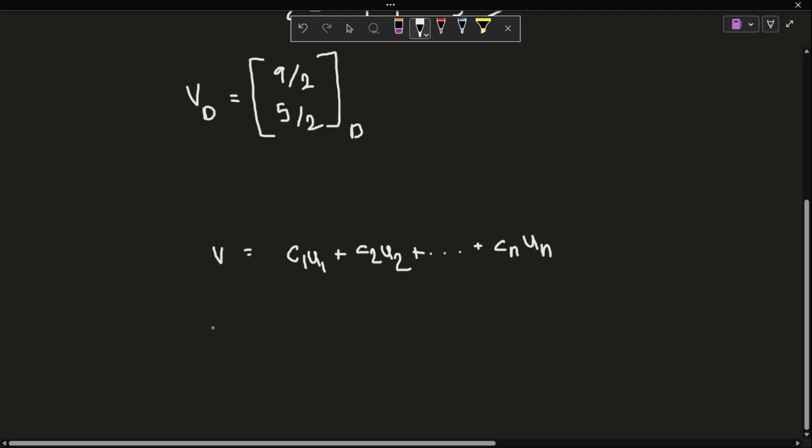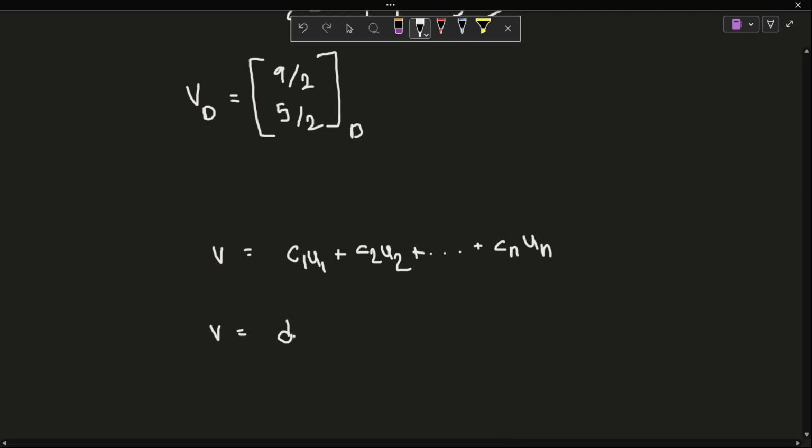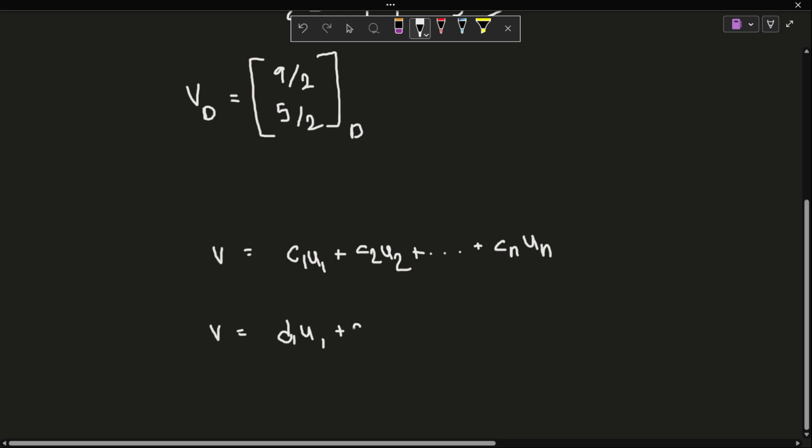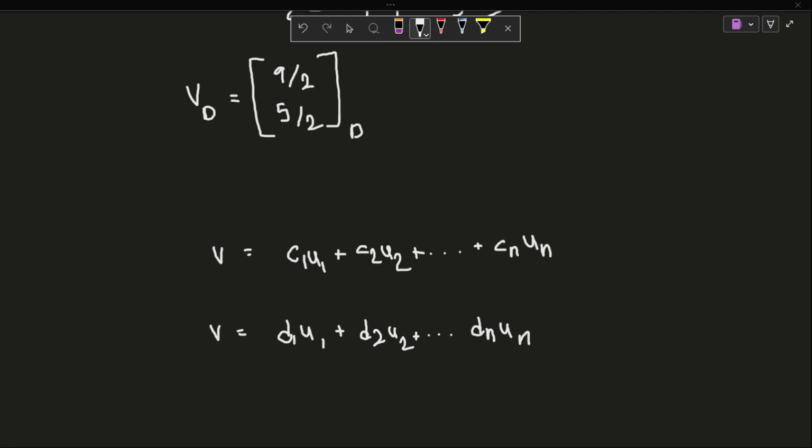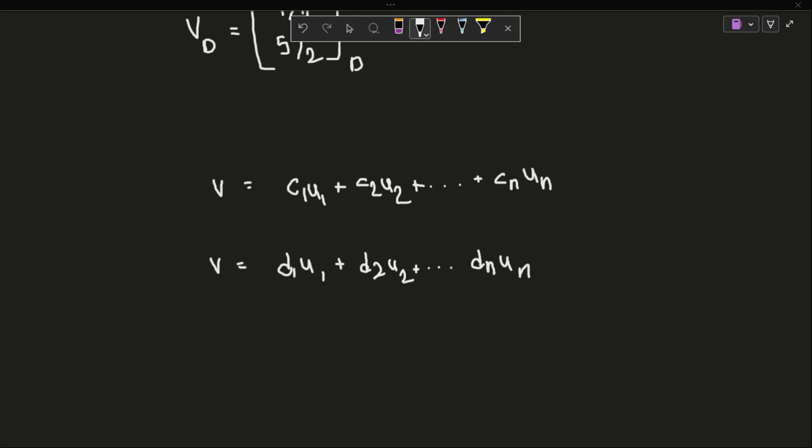And then for D, that would be d1u1 plus d2u2 plus all the way to dnun. So this would be just decomposing that in terms of our basis, right? So there exists this unique set of scalars, right?